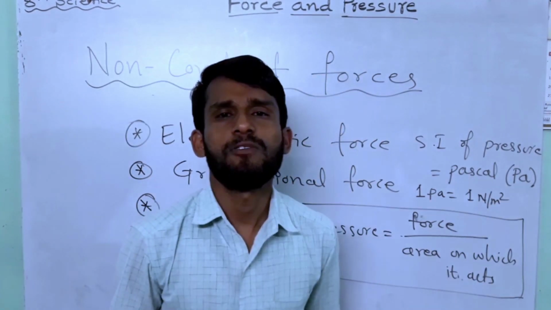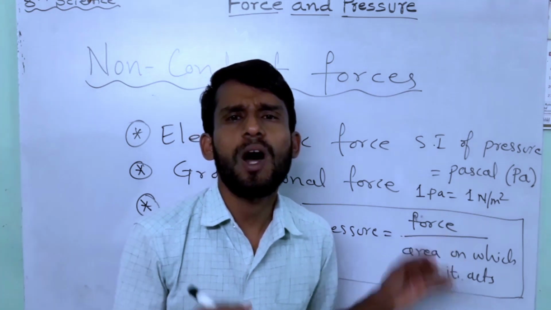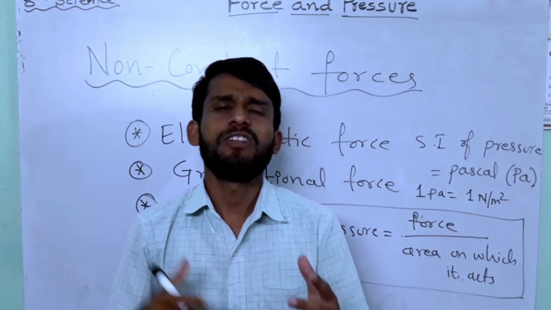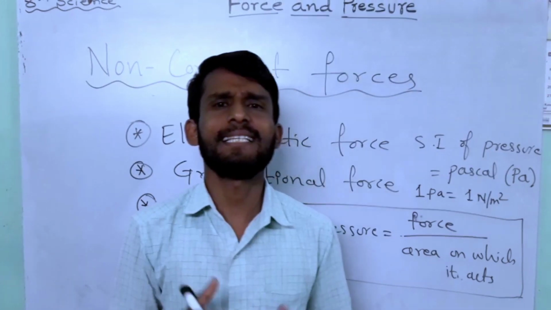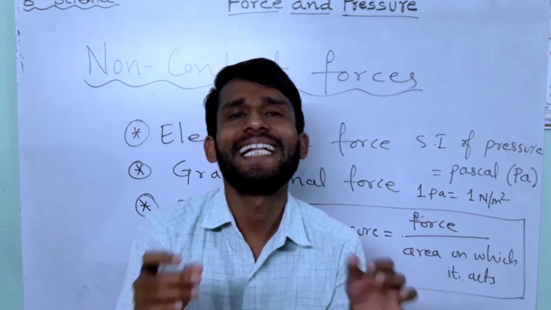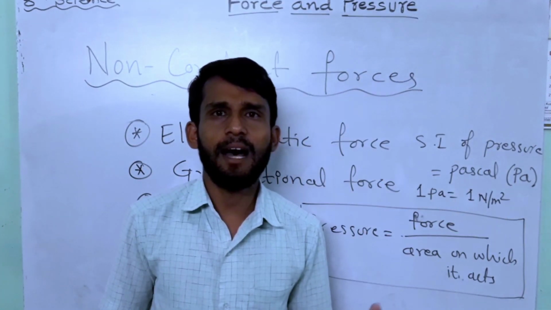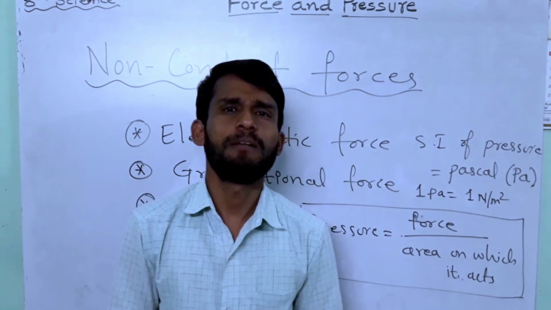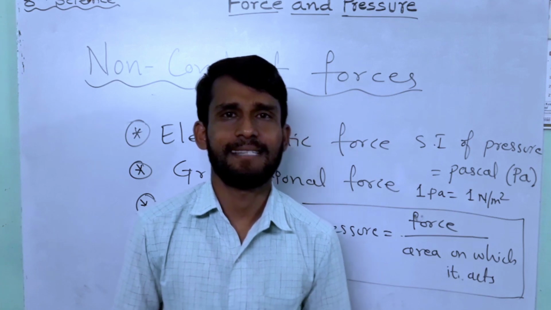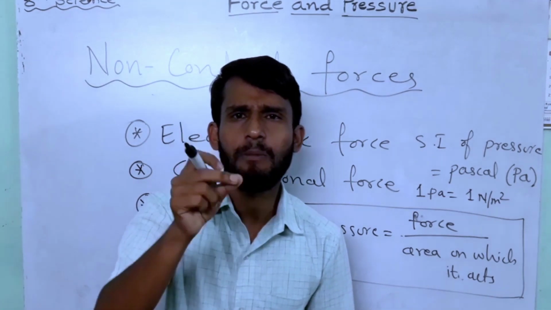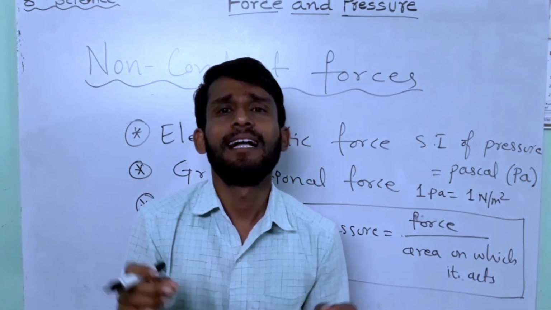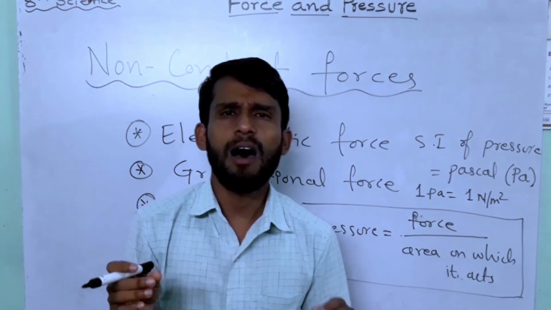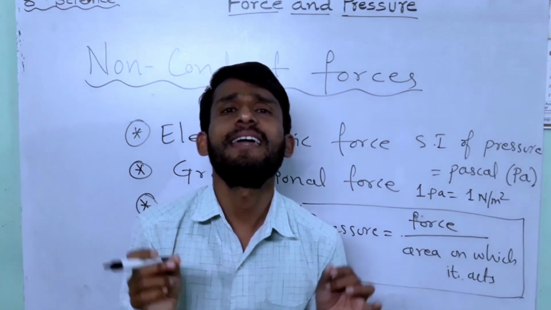The formula shows us that when the area over which the force acts increases, the pressure decreases. And when the area over which the force acts decreases, the pressure increases. If the area is smaller, then the pressure on a surface is larger for the same force.